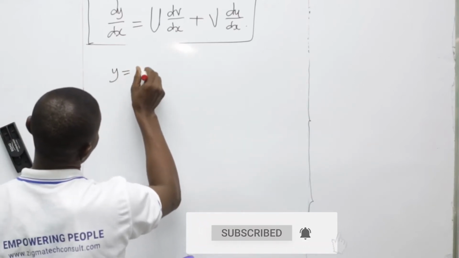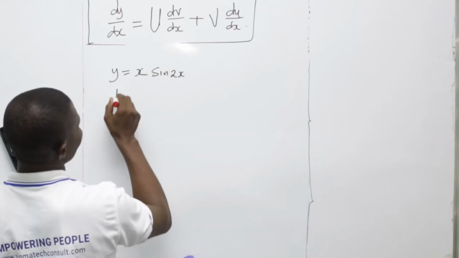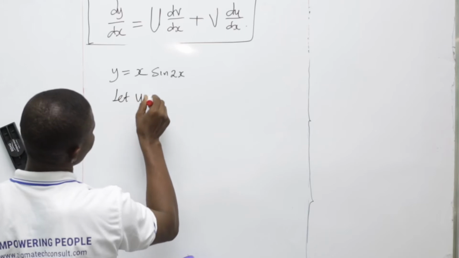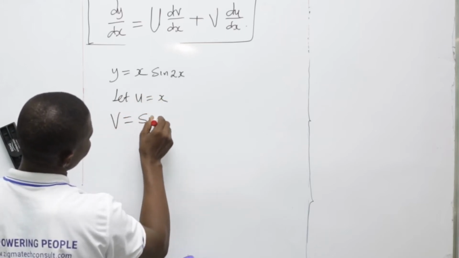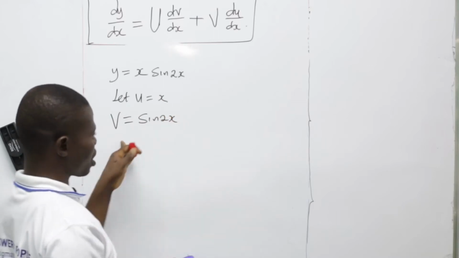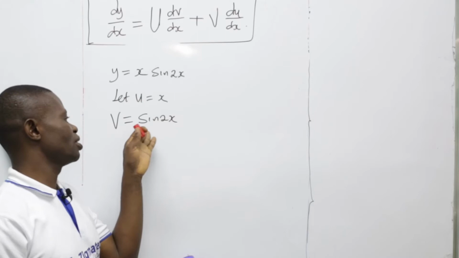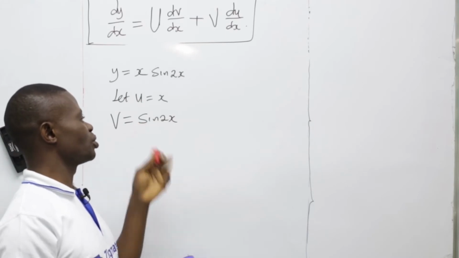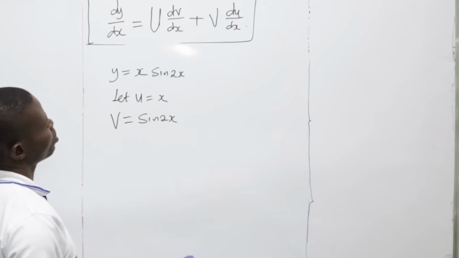See what you do. x sine 2x. Let u equals x and v equals sine 2x. But if you look at v, it is still complex. It's still telling us this is a chain rule, sine and the 2x in it.